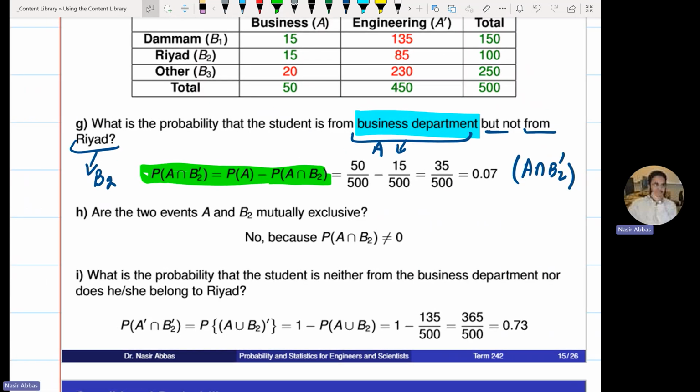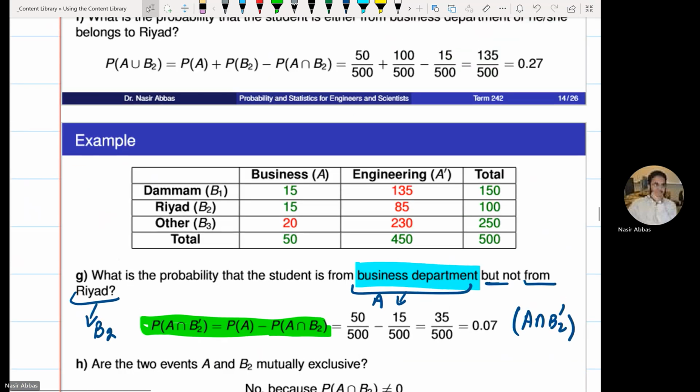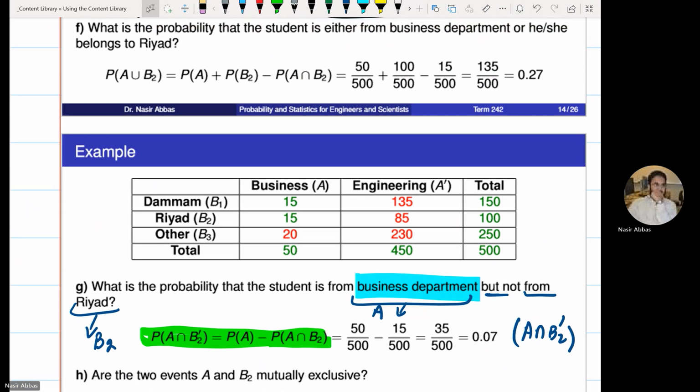Are A and B2 mutually exclusive? Why? Yes. What was the definition of mutually exclusive? There is nothing common. The intersection should be phi, or the probability of intersection should be 0.